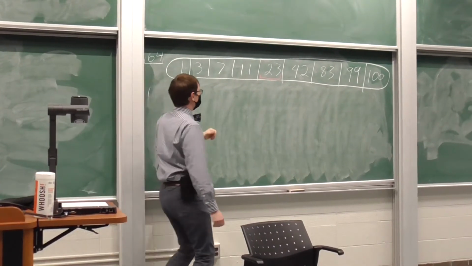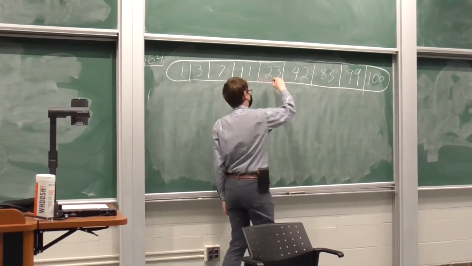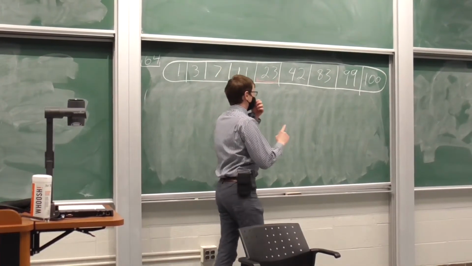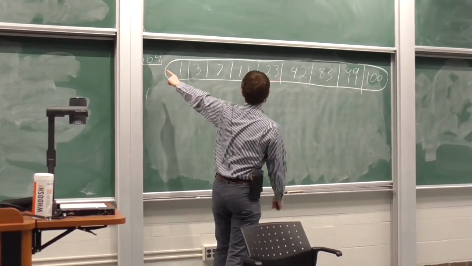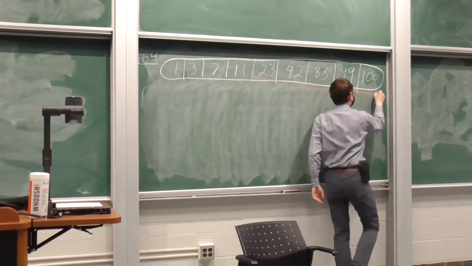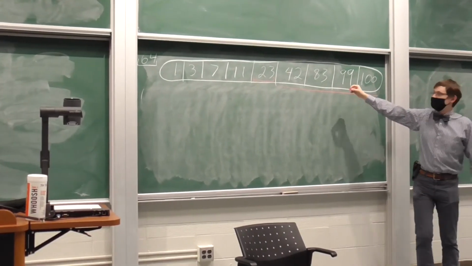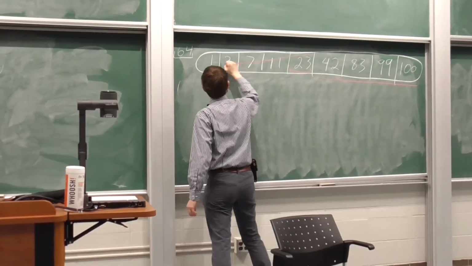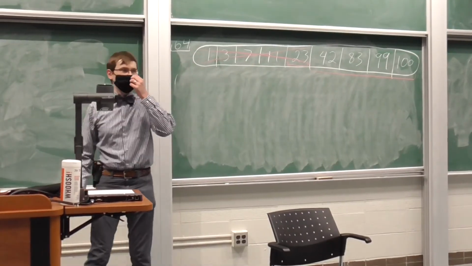Because this number is not 64 and is less than 64, we know for a fact that if 64 exists, it must exist in this half of the data structure, so we can exclude all of these possibilities.